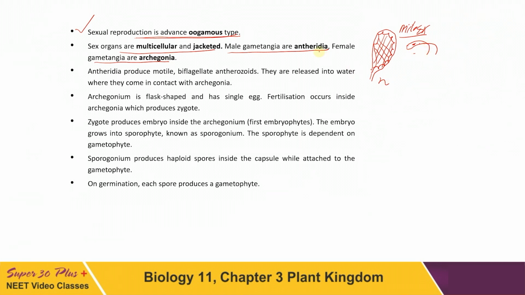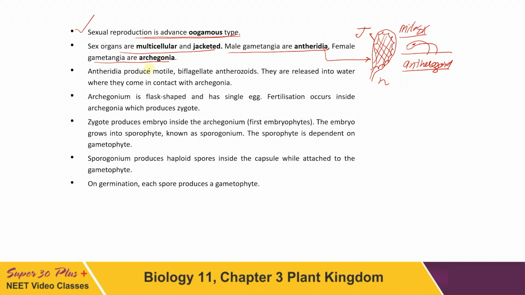So this is the antheridium, and this is the male gamete, the antherozoid, a biflagellated structure. This is the jacket found in the antheridium.